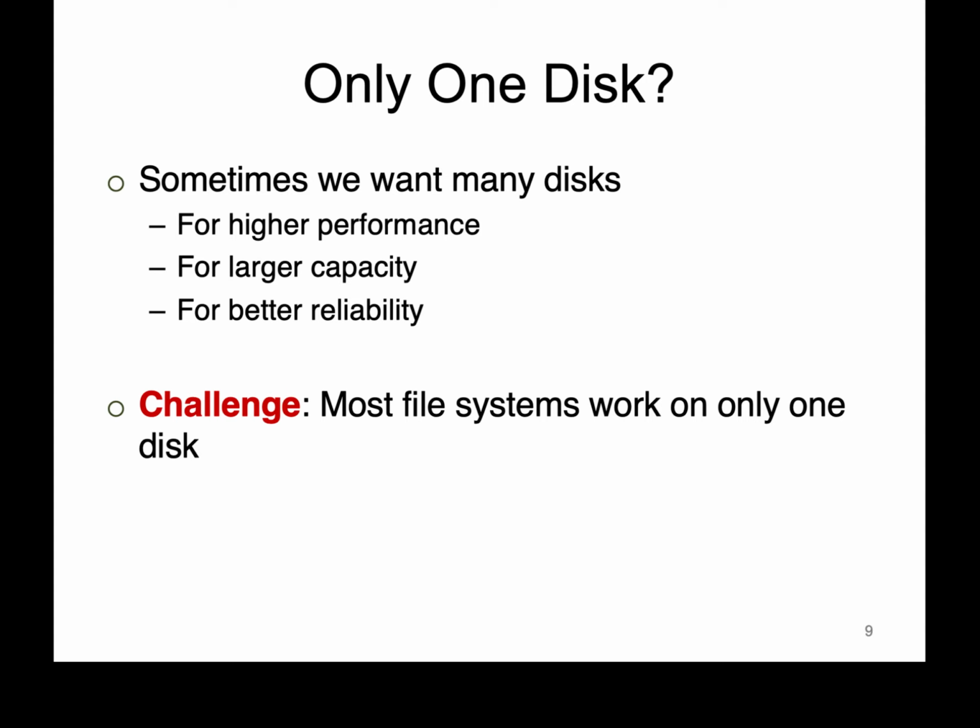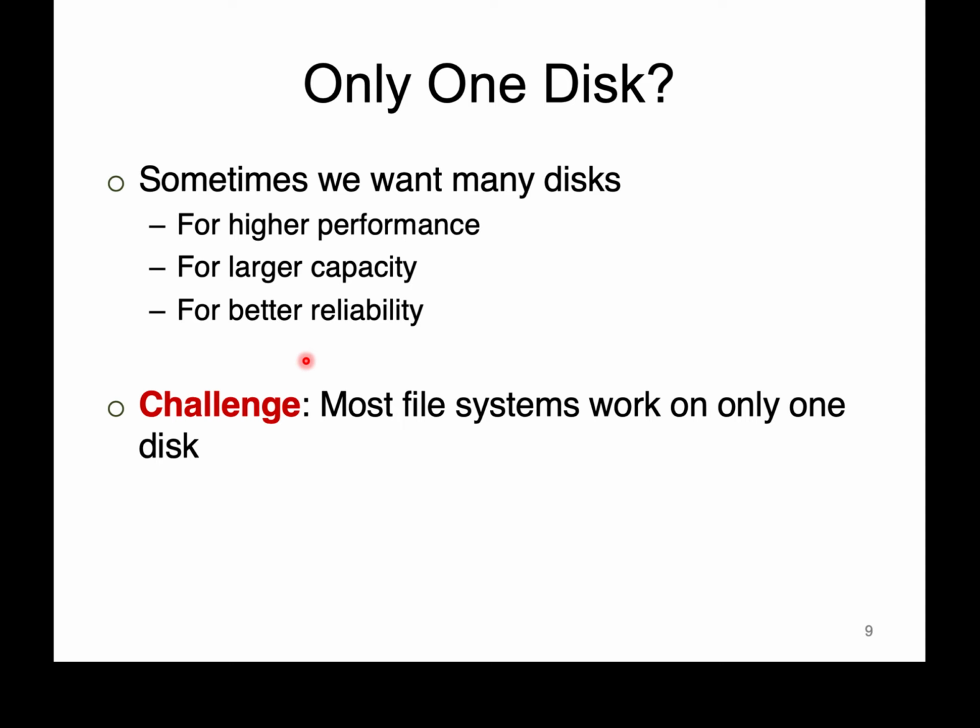With only one single disk, we cannot fulfill all these three properties simultaneously. And the great challenge is that most, if not all, file systems work on only one single disk.